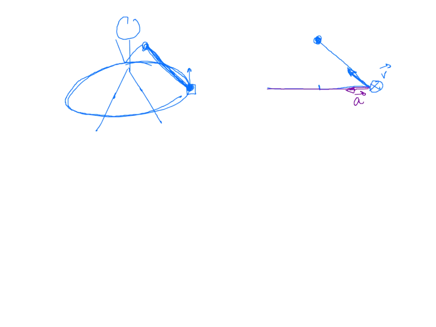Okay, so really, the only component of the tension that will contribute to the acceleration, if this is alpha, is T cosine alpha. This is the only one that will contribute to the radial acceleration. And the radial acceleration is the one that is equal to v squared over r.